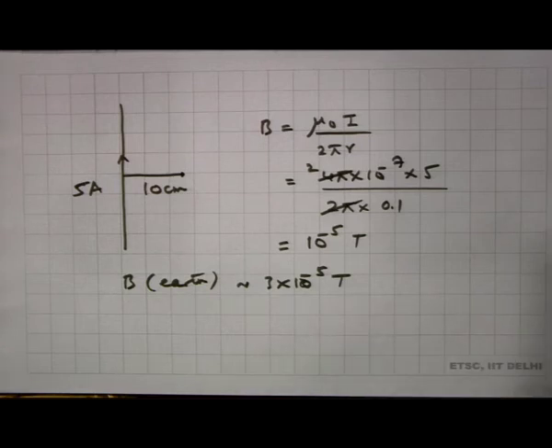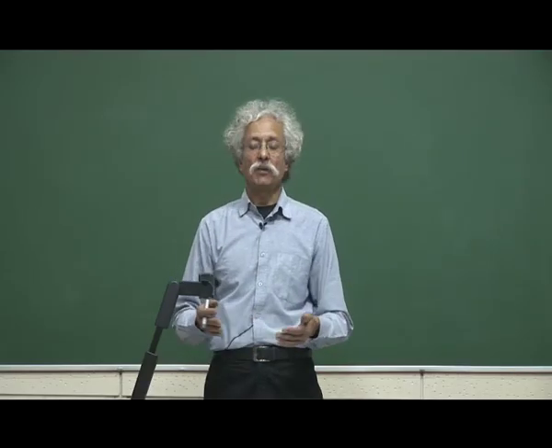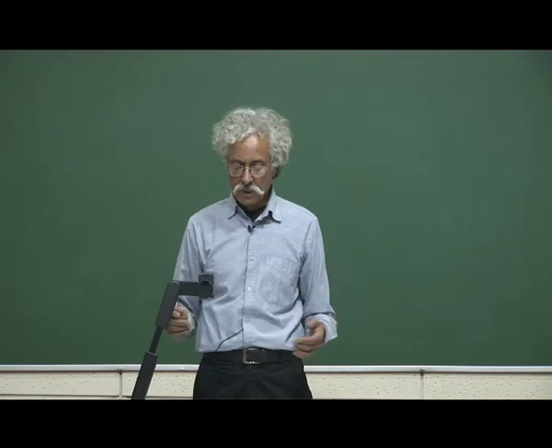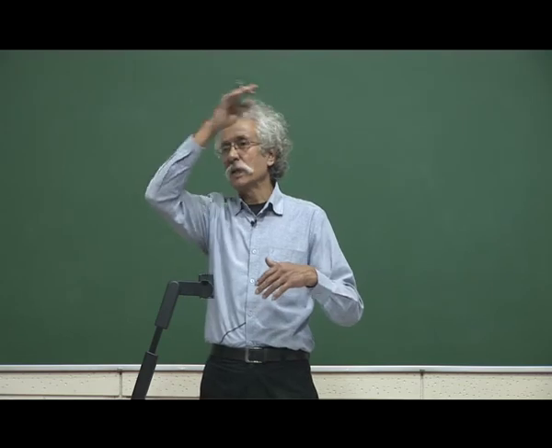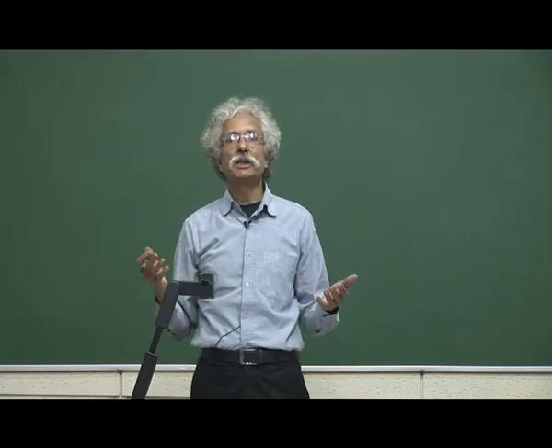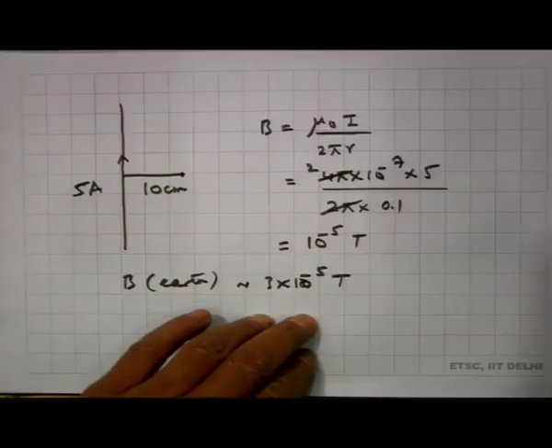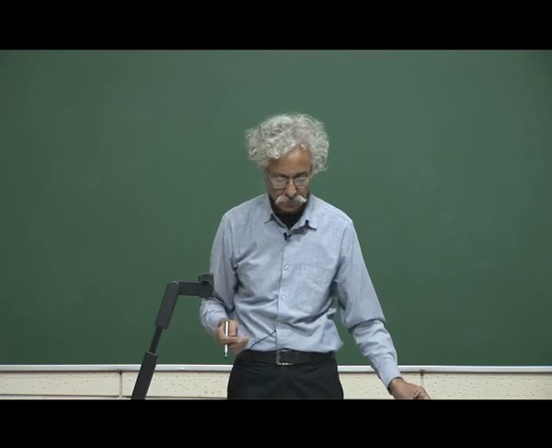As you get closer and closer to the wire, the magnetic field will increase, but far away from the wire, the magnetic field will keep on decreasing, and you can sort of estimate the magnetic fields under, for example, high voltage lines which are carrying huge currents. It is an interesting problem to understand.